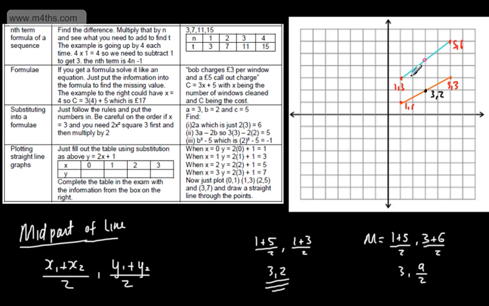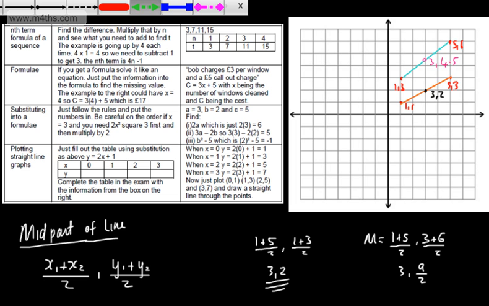Now it's halfway between the two numbers. What's halfway between 1 and 5? Well, halfway between 1 and 5 is 3. Halfway between 3 and 6 is 4.5 or 9 over 2. So the midpoint of a line is simply asking yourself, what points have I got? And you're finding halfway in between, or you're just using this particular formula.